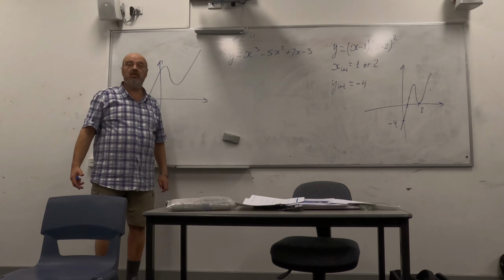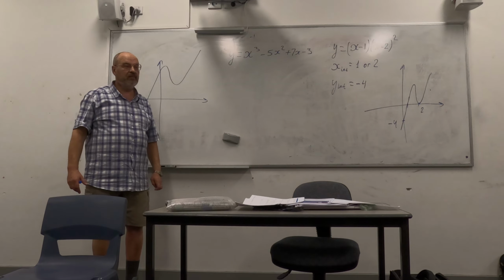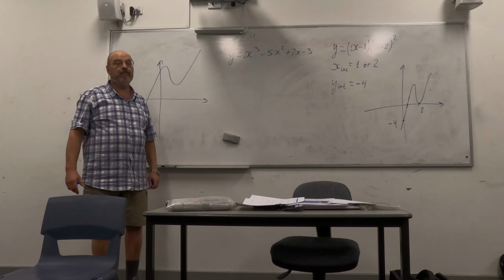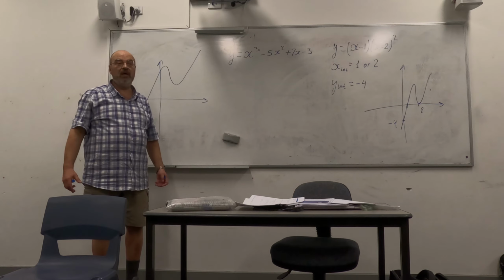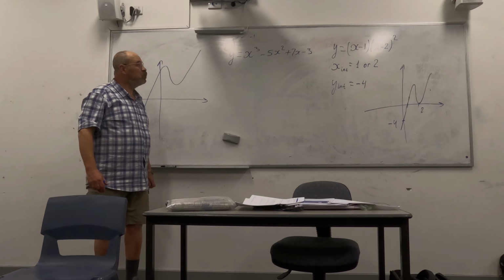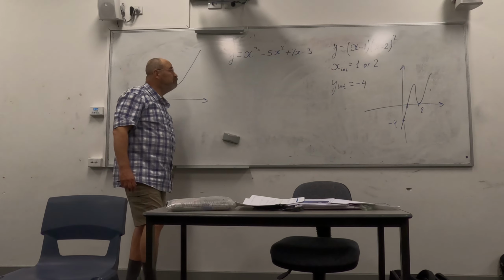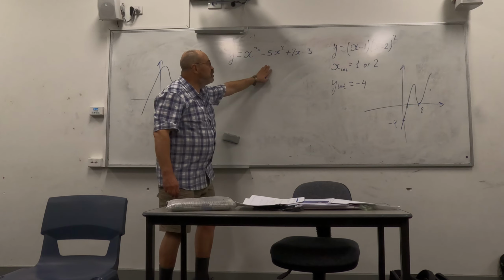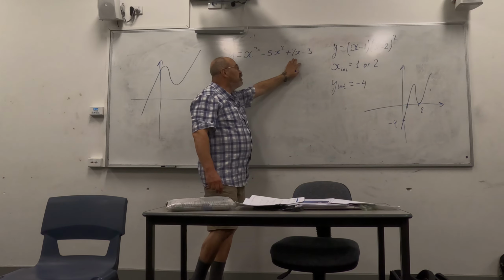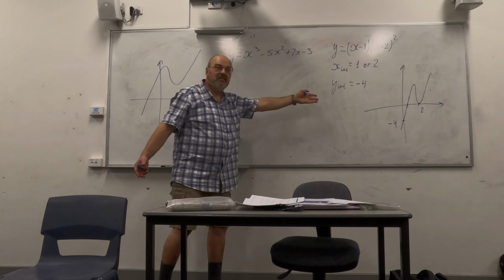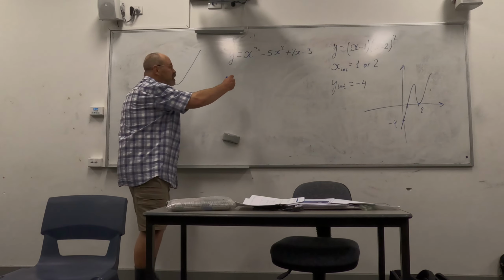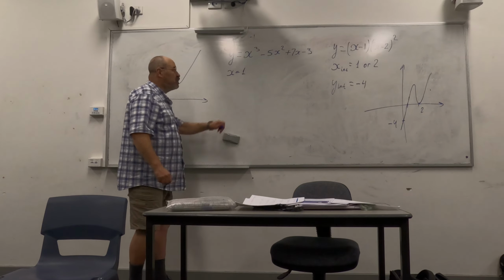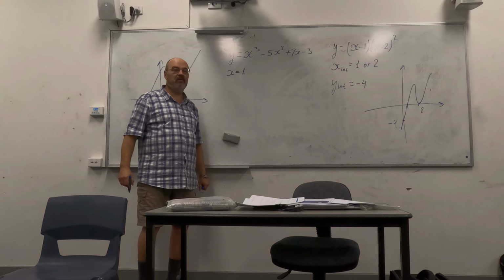We first need to factorize it. Let's recall how we factorize: we use trial and error to find one solution. Let's try 1: 1 minus 5 plus 7 minus 3 equals 0. Yes, 1 works. Very good. So x equals 1 is an x-intercept, because when you substitute 1, this becomes 0.